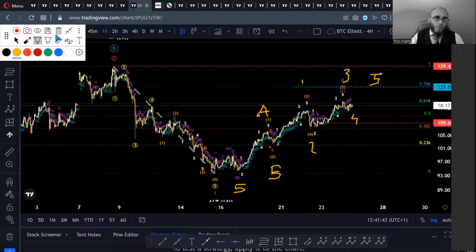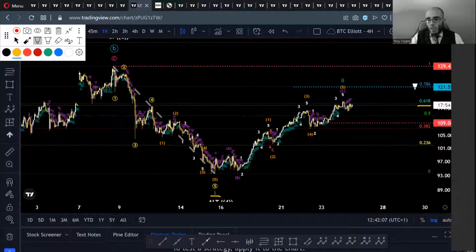Now, also, we have to see that if you look at the Fibonacci retracement, we retraced right now 61% of wave 1. We retraced 61%.